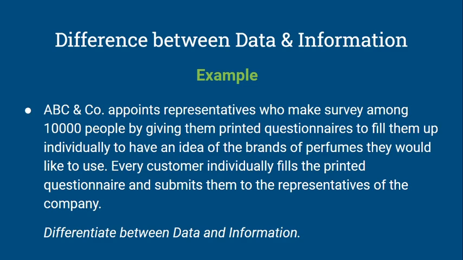ABC and company appoints representatives who make a survey among 10,000 people by giving them printed questionnaires to fill up individually, to have an idea of the brands of perfumes they would like to use. And every customer individually fills the printed questionnaire and submits it to the representatives of the company.